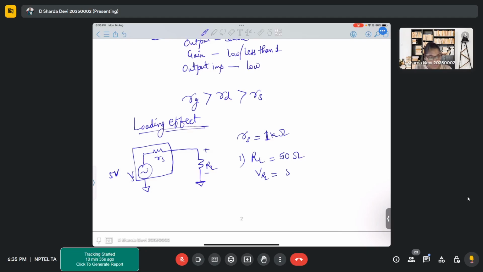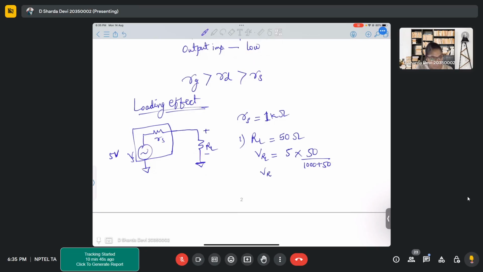So, how do we calculate? By voltage divider rule, right? These two are in series, which is around 0.25 volts, right?